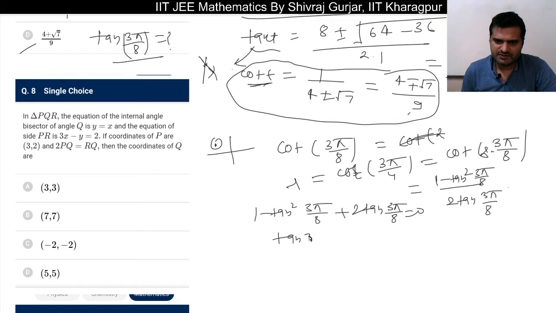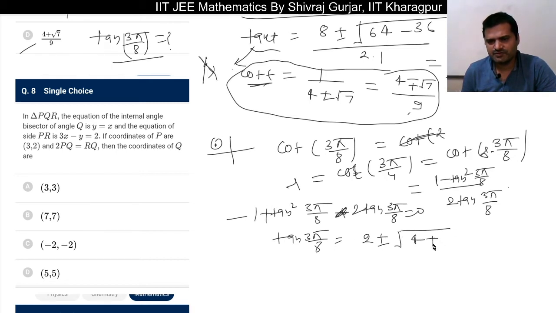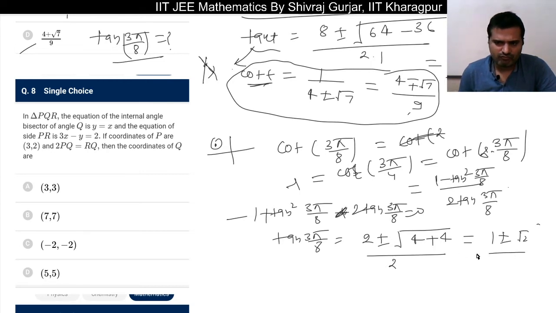So what will be the value of tan 3 pi by 8? Minus b plus minus root of b square minus 4ac upon 2a. So this is 1 plus minus root 2. That is tan 3 pi by 8.